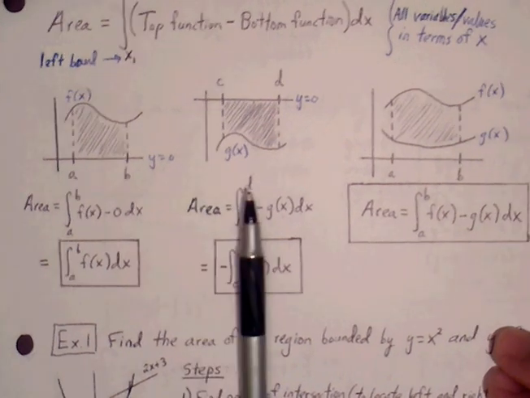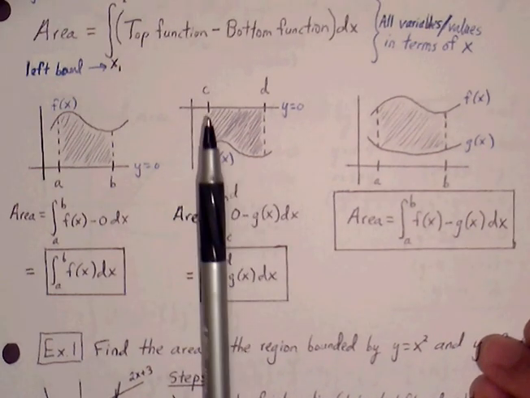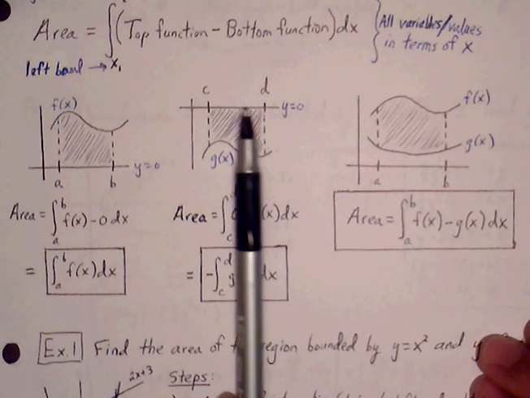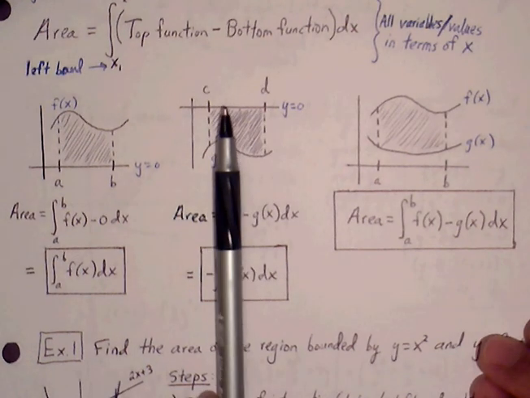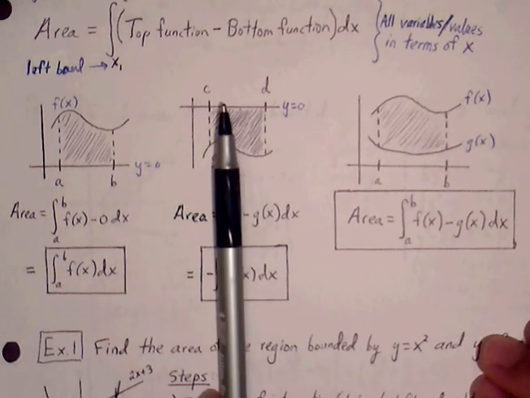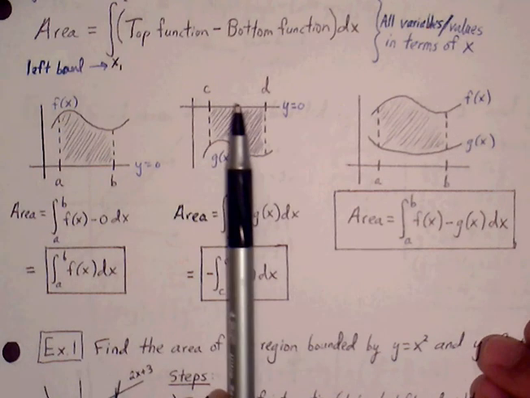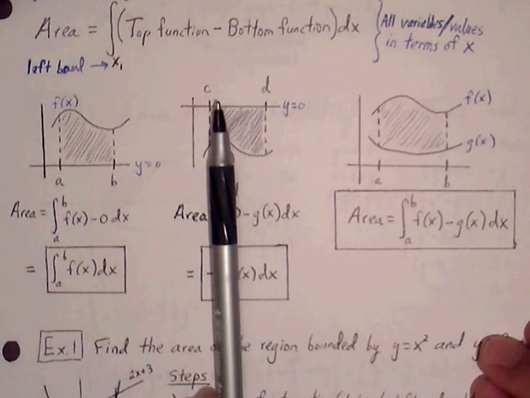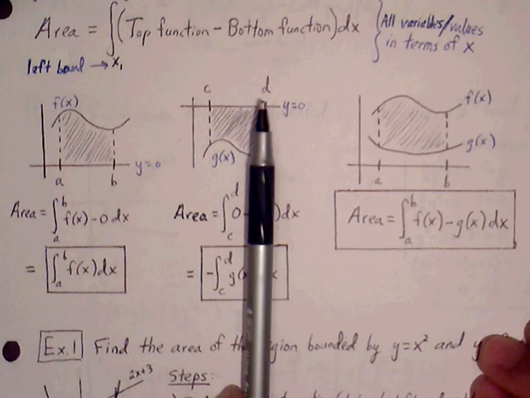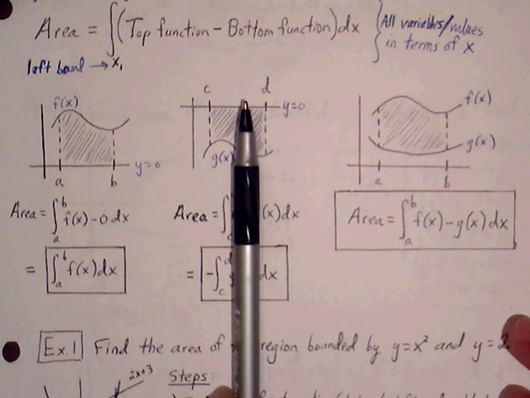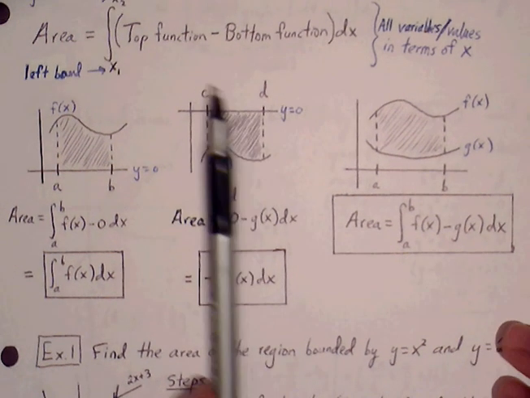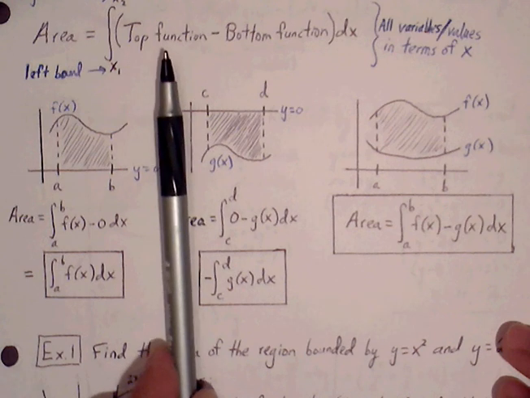And when we talked about regions that are below the axis, we knew that whatever the definite integral was, we would have to account for the fact that this will be negative. But now that we're talking about area, we're always looking for a positive value.